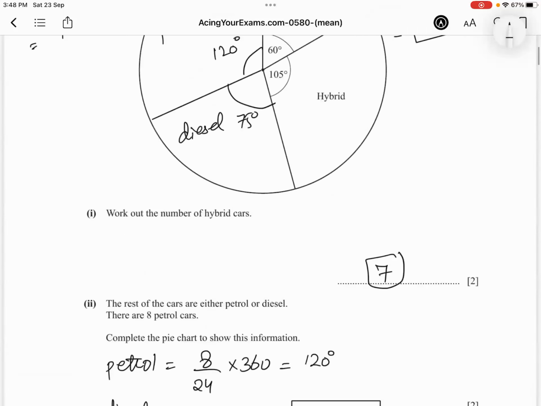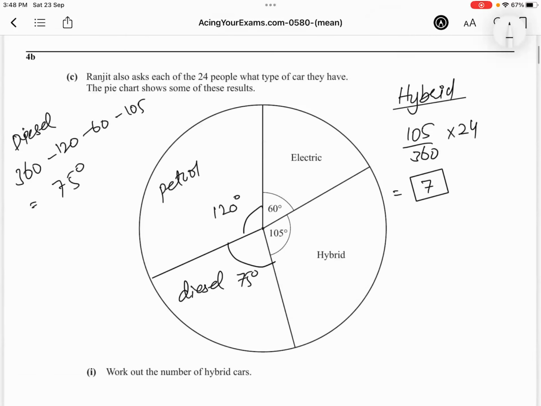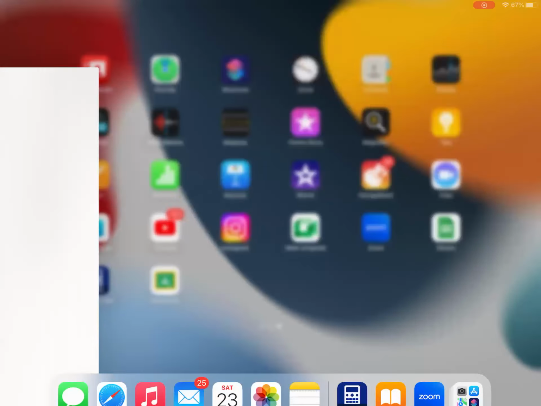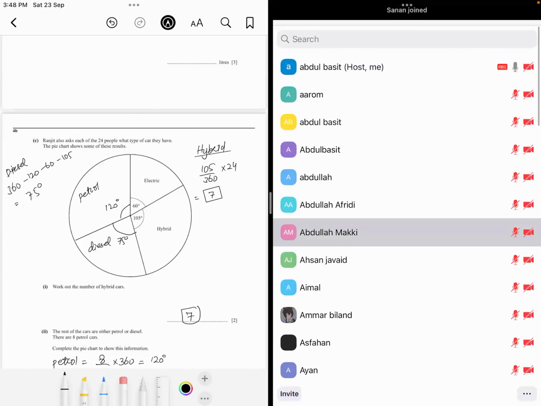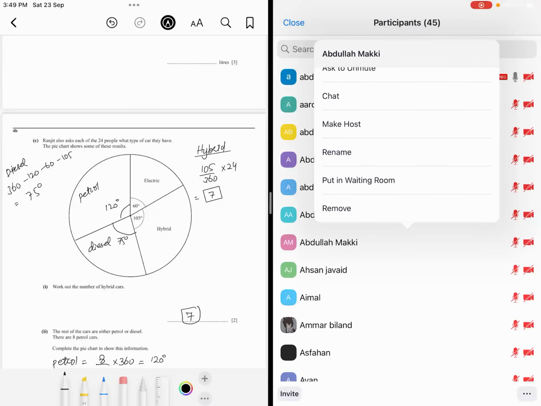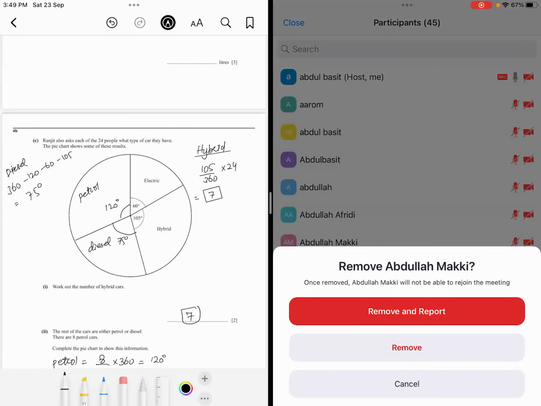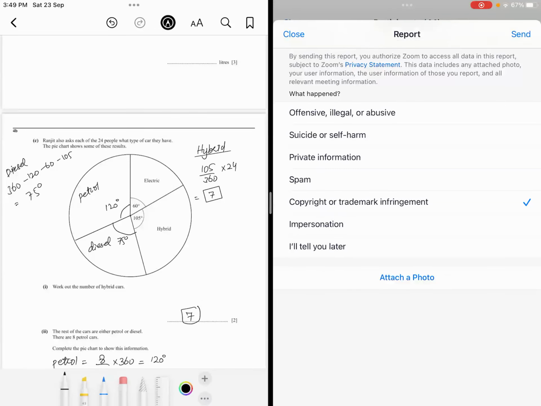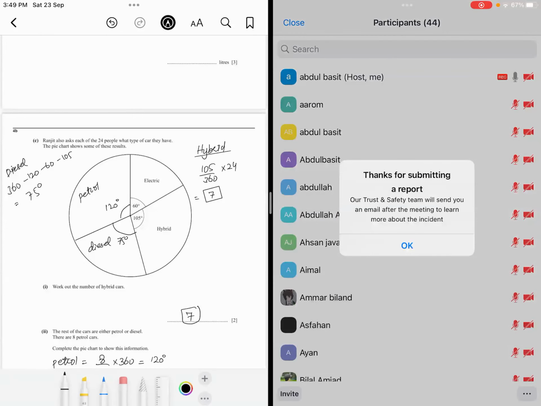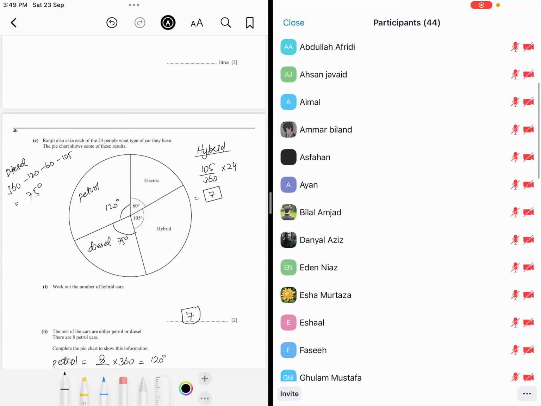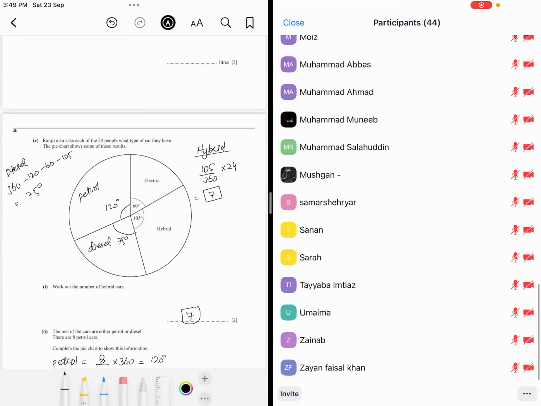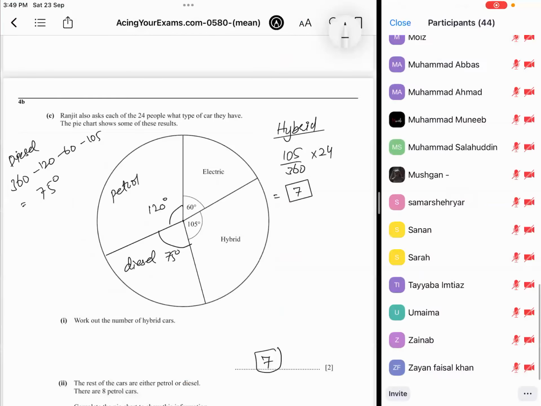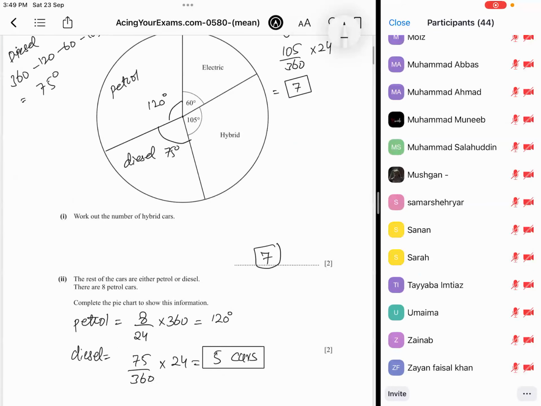So we have completed the pie chart already, but this was just for the understanding so that you can get it in this way. Yes or no? Is this clear, Josefa, now?